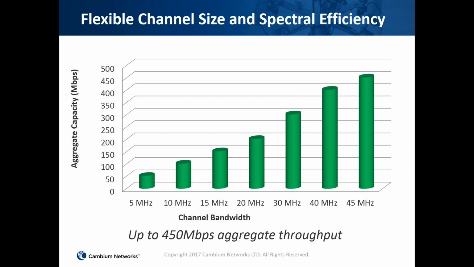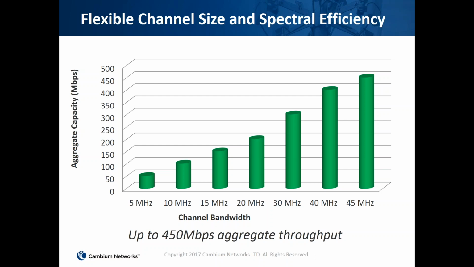So these are the different spectral efficiencies that we have. The channel sizes change from 5 megahertz all the way to 45 megahertz, and the really advantageous part of this is that a lot of times, especially in developing countries or really congested areas, you cannot find a clean 40 megahertz channel. No matter what you do, wherever you search, it's such a limited resource that you cannot find a good 40 megahertz channel. So you're forced to reuse however much you have. If you don't have options, you can't get the maximum bang for your buck.